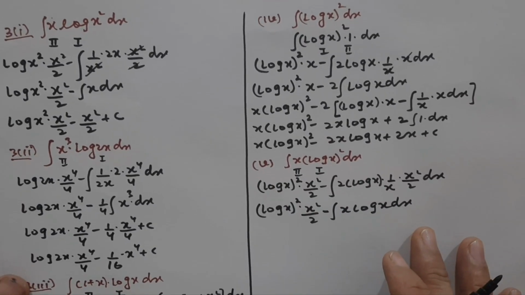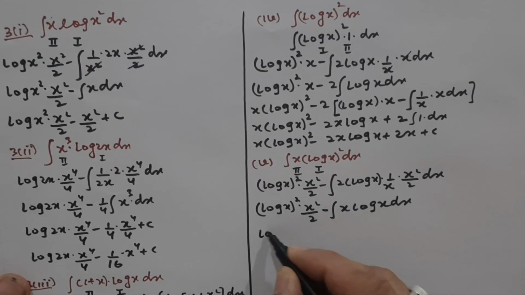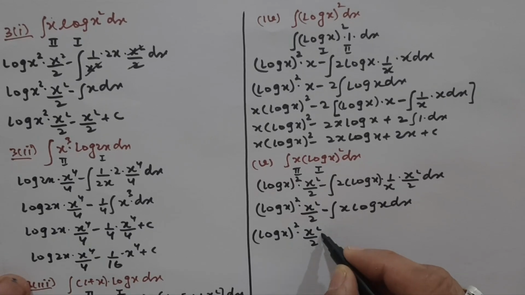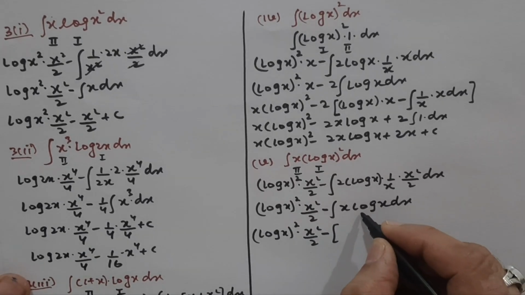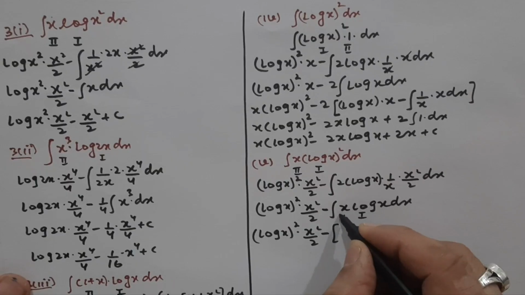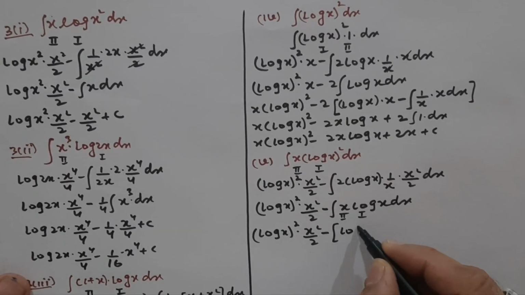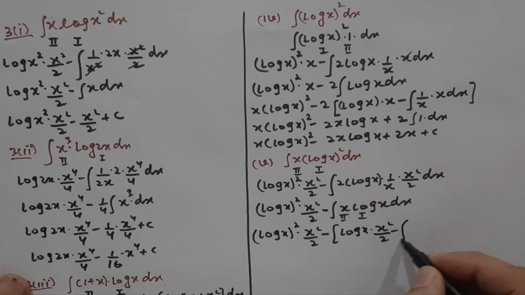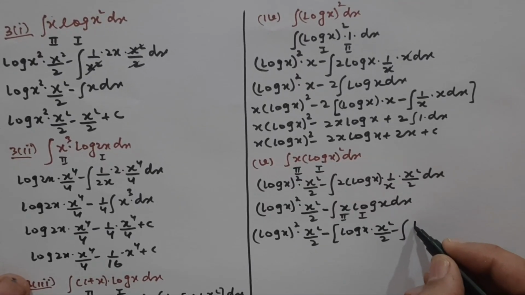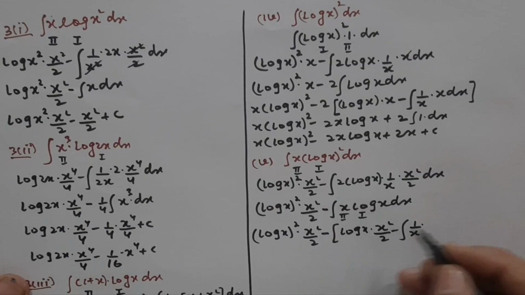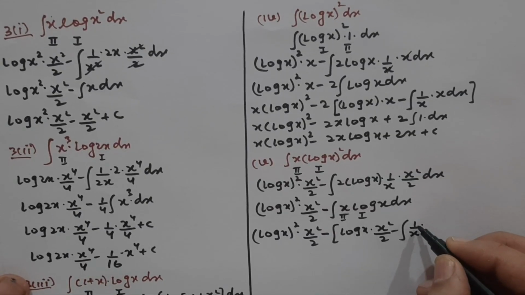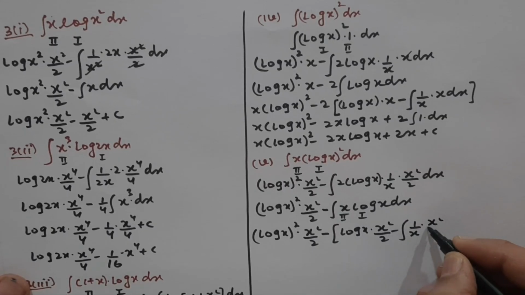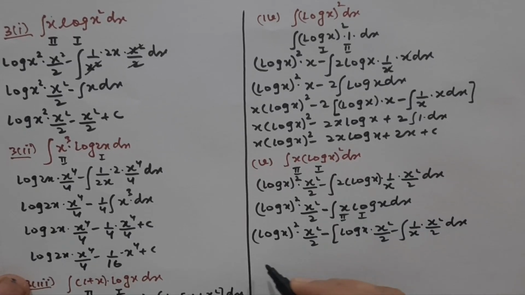Now here again we have to use the formula. So we get (log x)² into x² upon 2. Now again use the formula. So we take log x as the first function and x as the second function again. We write log x, the integral of x is x² upon 2, minus the integral of the derivative of the first, the derivative of log x is 1 upon x, and the integral of x is x² upon 2 dx.